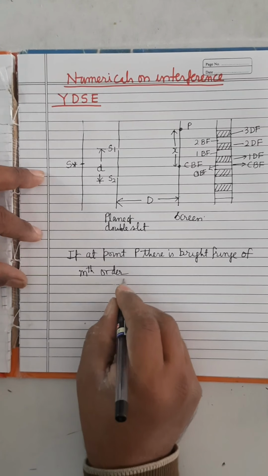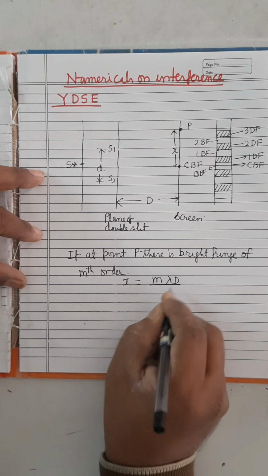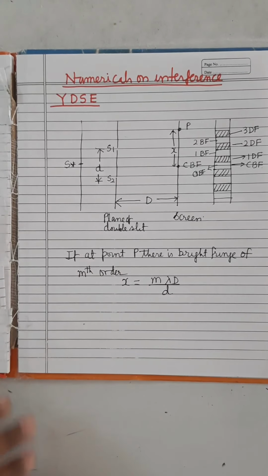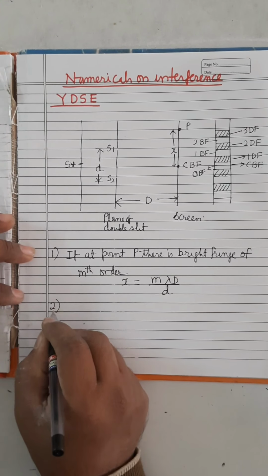So you can see x will be equal to m lambda D upon small d. It's clear. These are the formulae you must remember.